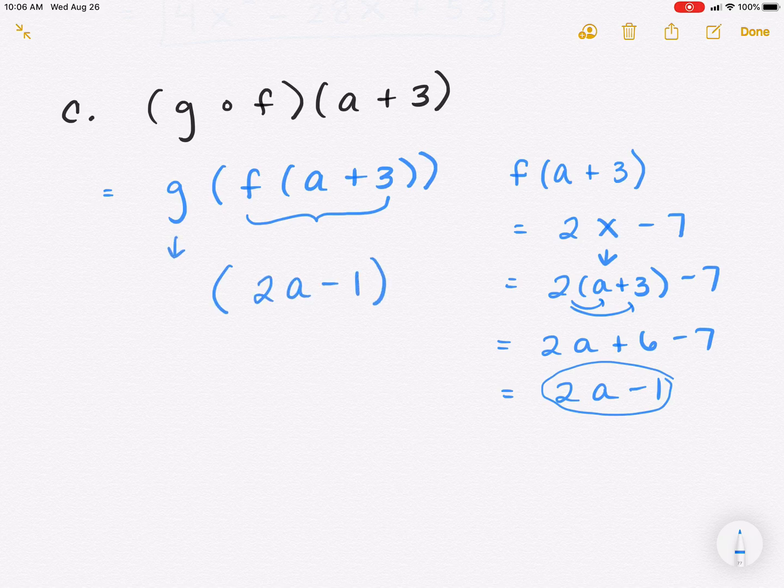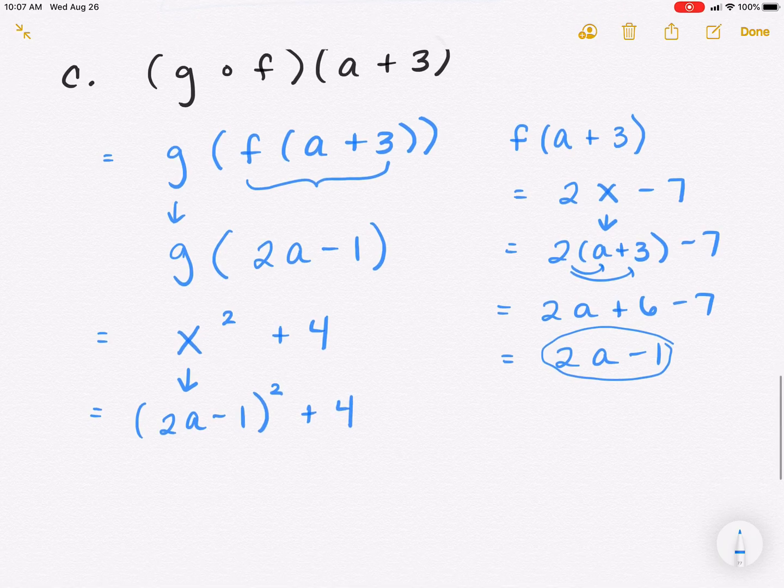And I'm going to bring down my g. Now, let's go into the g function, which is x squared plus 4, and I'm going to replace the x with 2a minus 1. Always take that part that's in the parenthesis, the input, and replace the x with it.